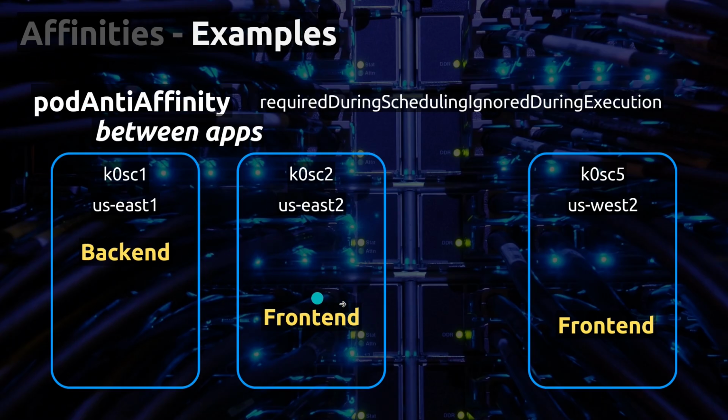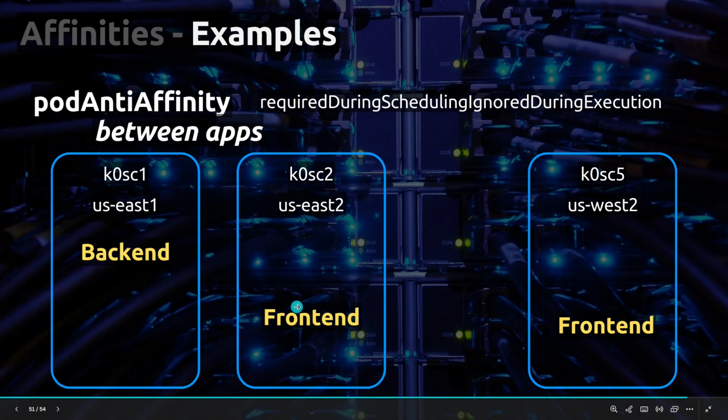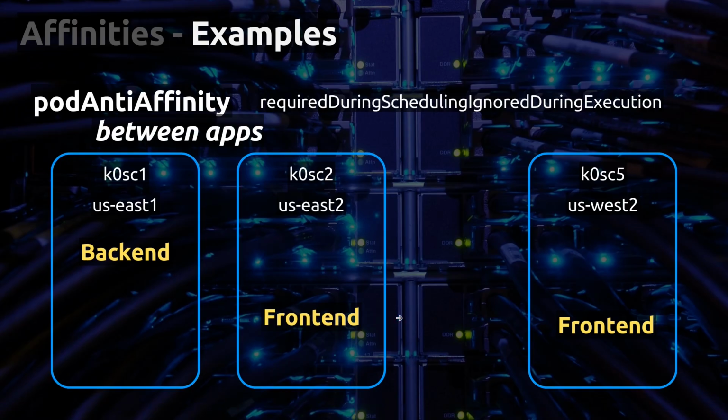We have two deployments, one for front end, the second one for back end, and inside the front end settings, we use a label about backend to say, okay, I don't want to be at the same place, the same topology, in fact. That can be the node, the zone, or the region, depending on what you want to do, and I don't want to be at the same place as our backend.